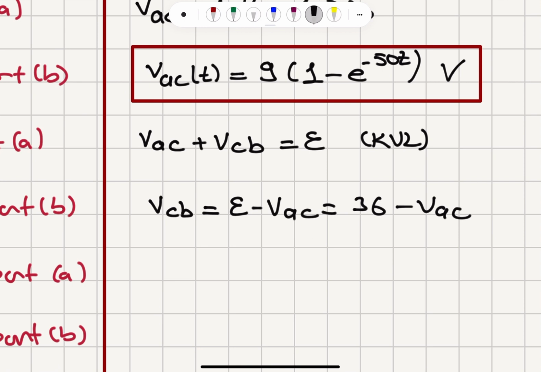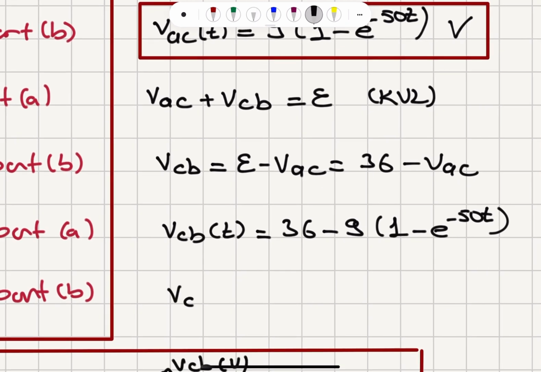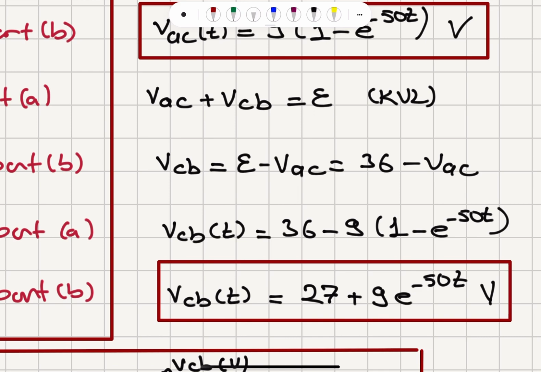So I can write VCB as a function of time as 36 minus 9 times (1 minus e to the minus 50t). Finally, this can be written as 27 plus 9 e to the minus 50t in volts. That's VCB as a function of time.